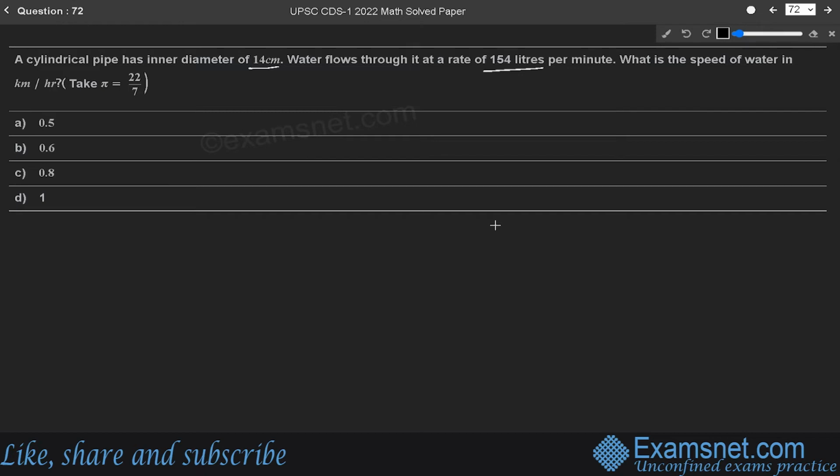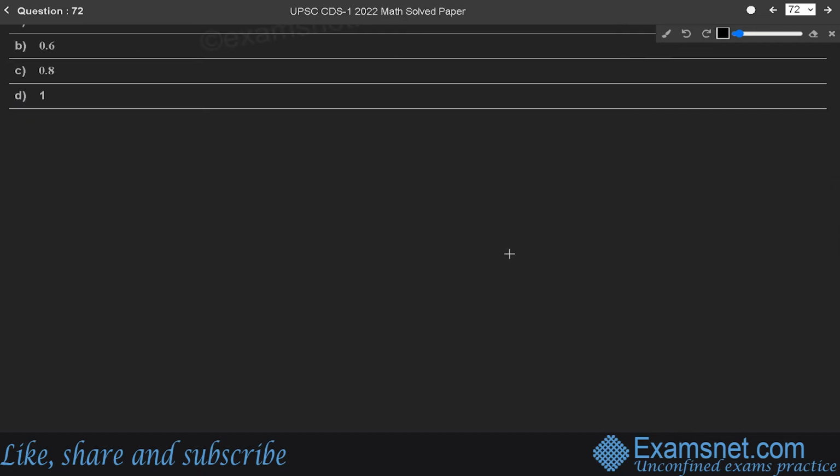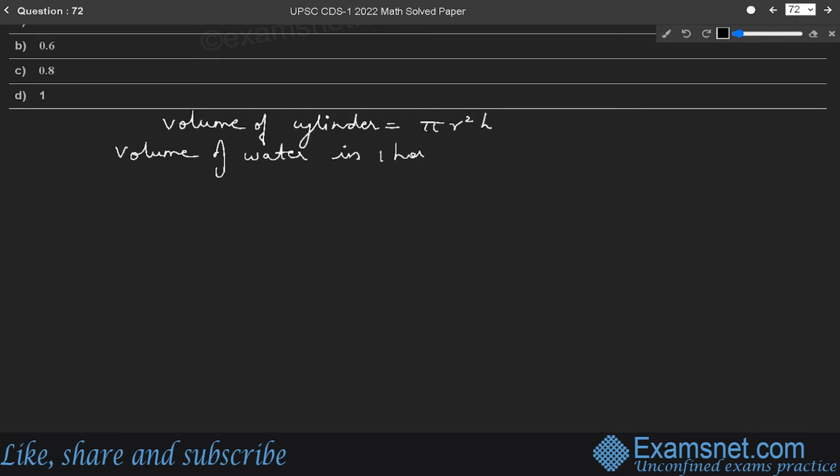Now talking about the volume of the cylinder, we know that volume of cylinder is equal to pi r square h. Now volume of water that flows in 1 hour will be equal to 154 into 60 liters, because 1 hour is equal to 60 minutes.